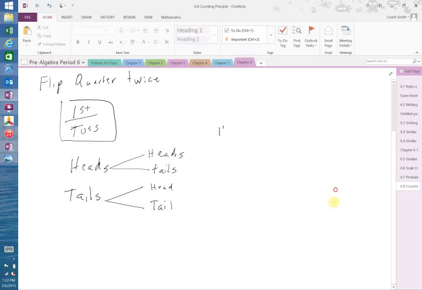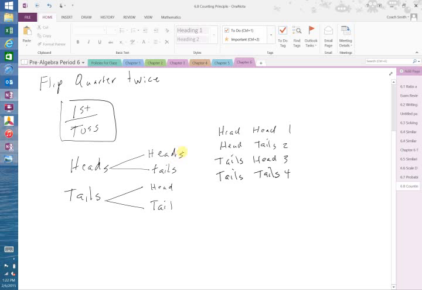So the possible outcomes are head and a head, head and a tails, tails and a head, and tails and a tails. Okay, so there's 1, 2, 3, 4 possible outcomes.